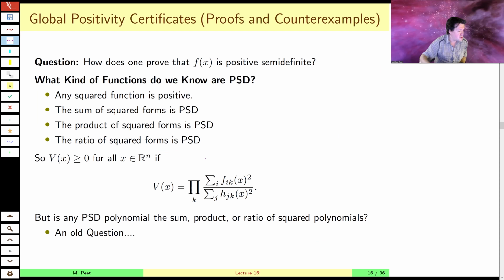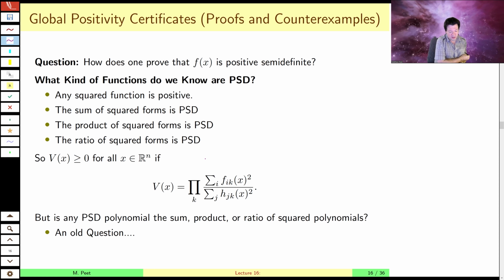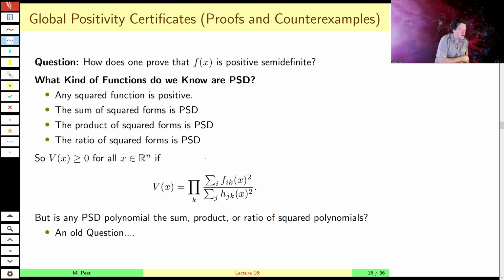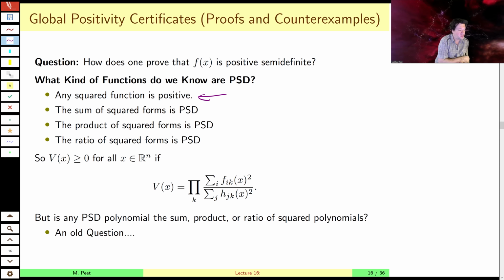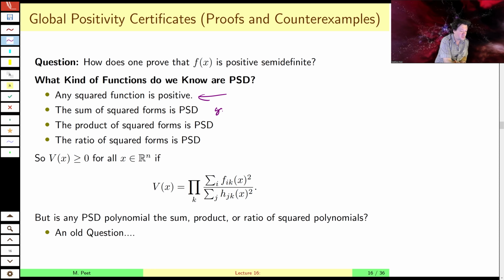So let's think about what kinds of proofs of positivity we could imagine. How do we prove that a function is positive? Like I said, any square is positive, so any squared function is positive. A sum of squares is positive because if you add multiple positive things together, you get something which is positive.